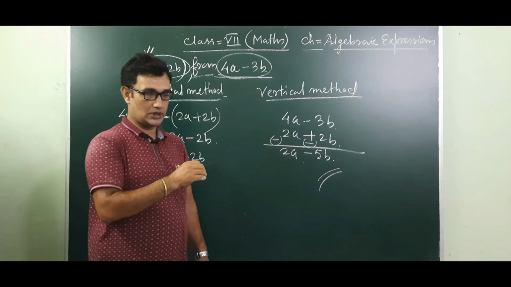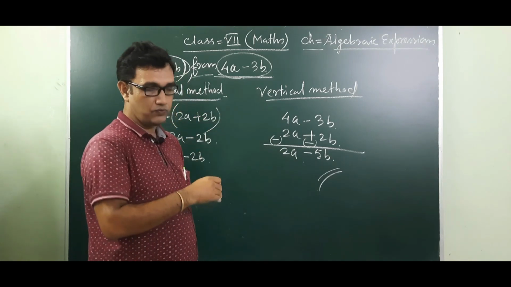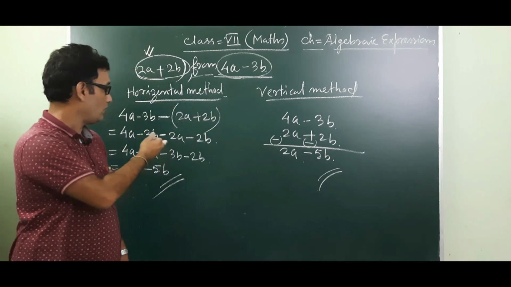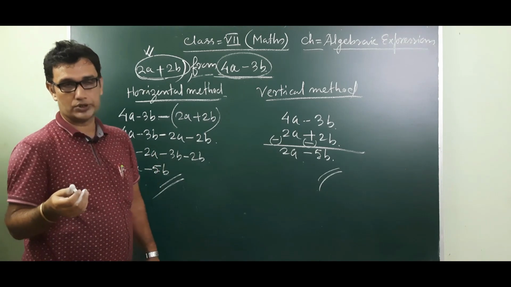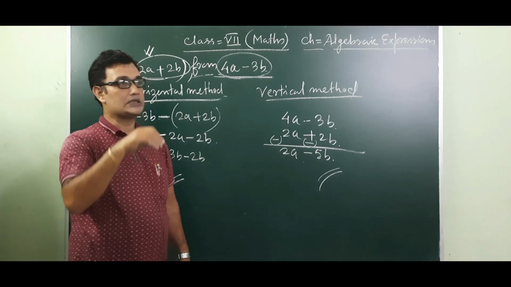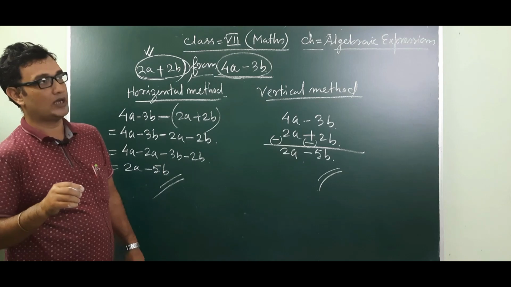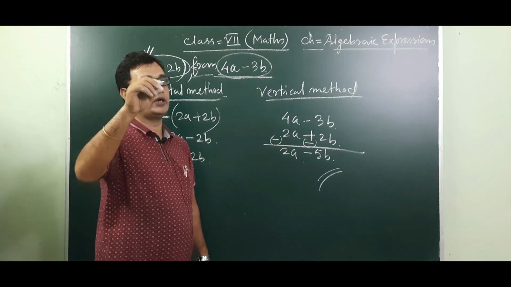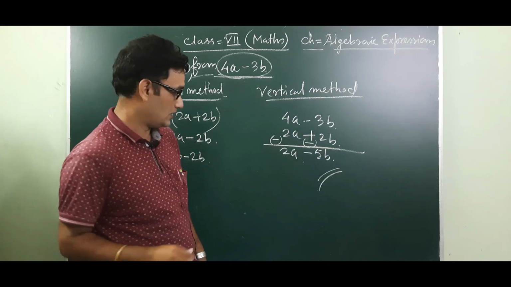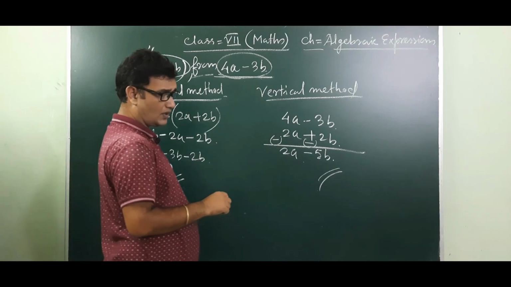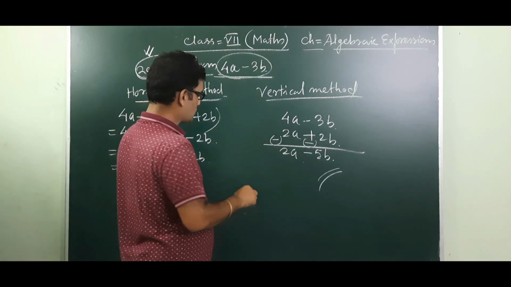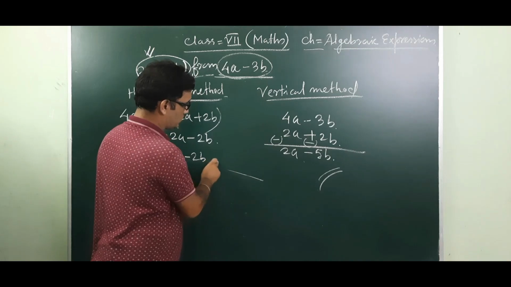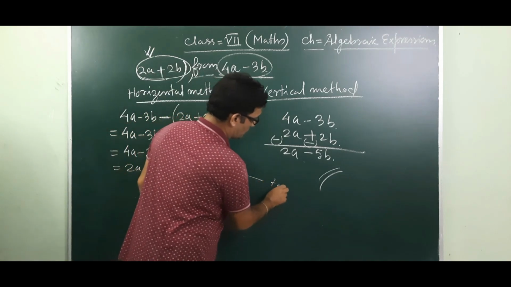Then some questions are given: add the following. Already I told you how to add. And some questions are given: subtract. Then some question may come this way: what should be added to this to get this? For example, suppose one algebraic expression is given, what should be added to this to get this.